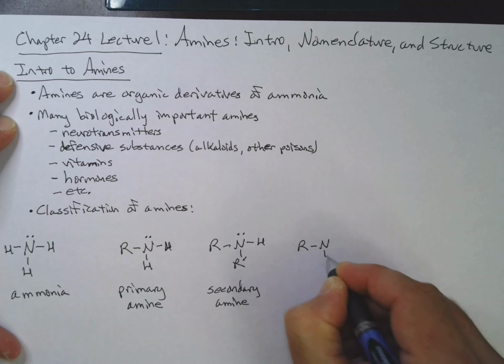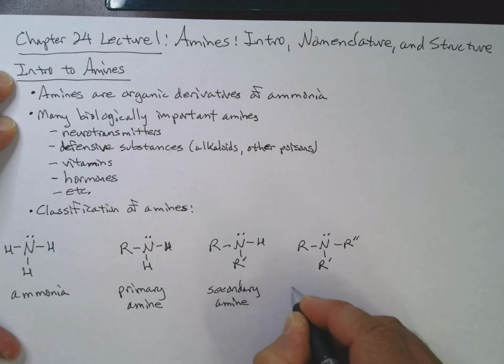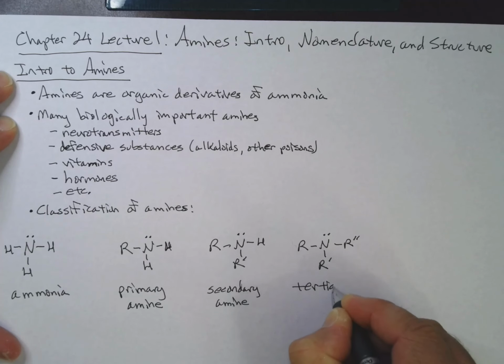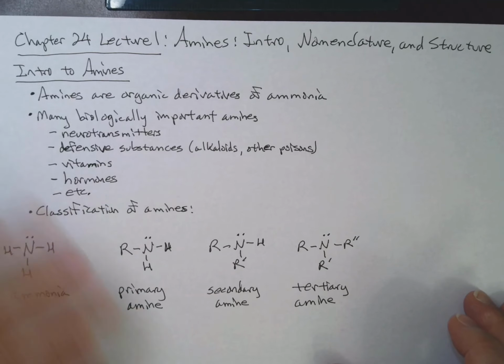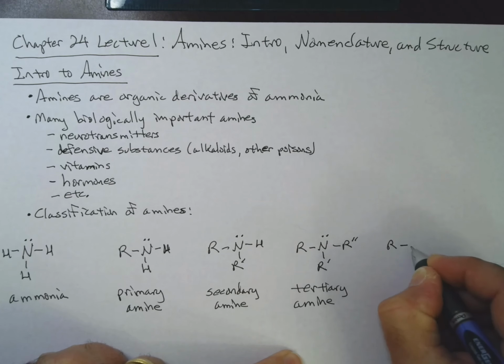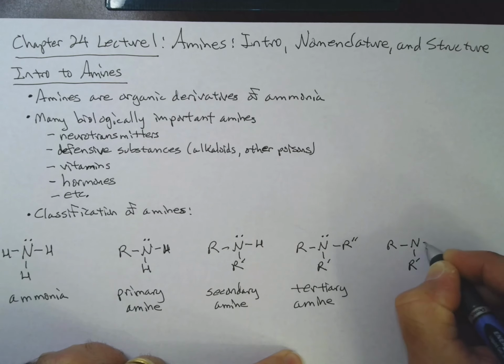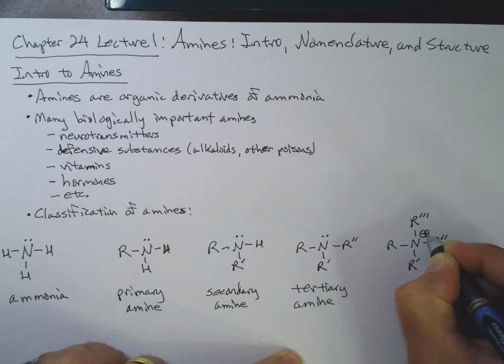You could have R, N, R prime, R double prime. That would be a tertiary amine. And then lastly, we could have R, N, R prime, R double prime, and R triple prime with a positive charge.